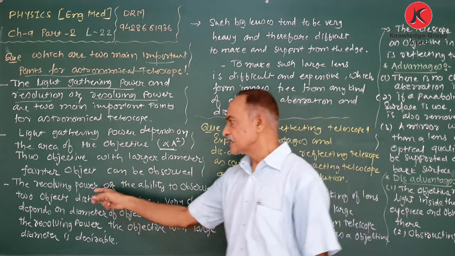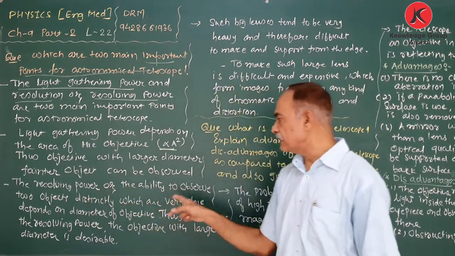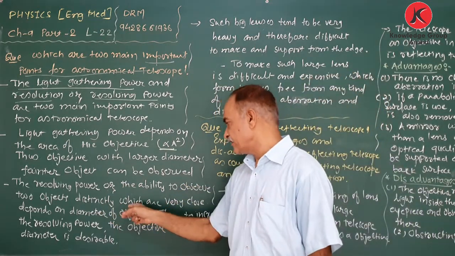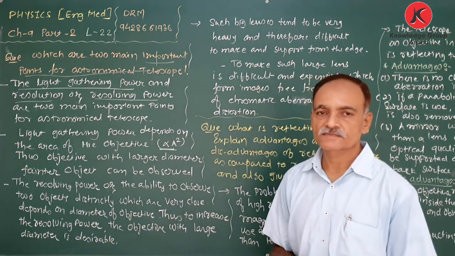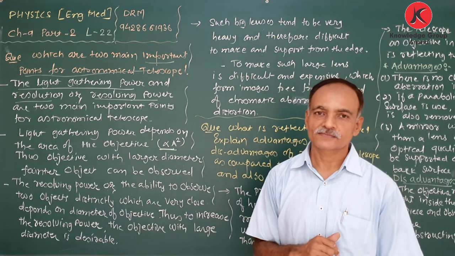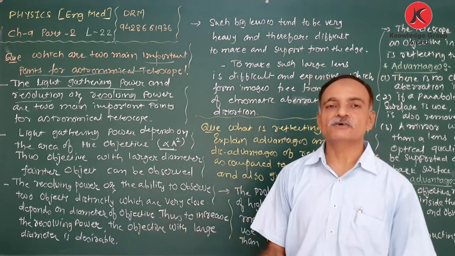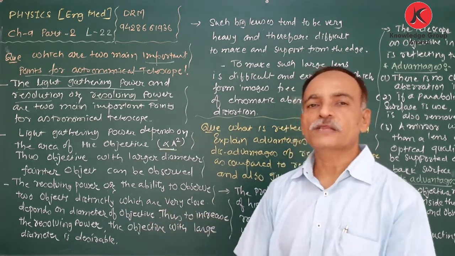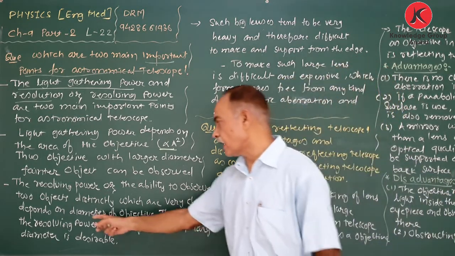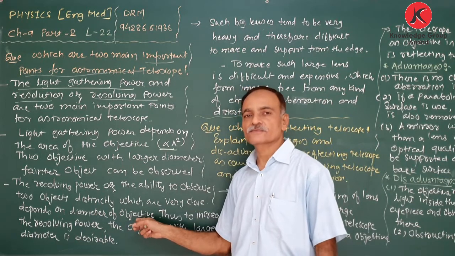So in short, the resolving power, the ability to observe two very close objects distinctly, depends on the diameter of the objective. That means the ability to obtain separate images of two close objects also depends on the diameter of the objective.